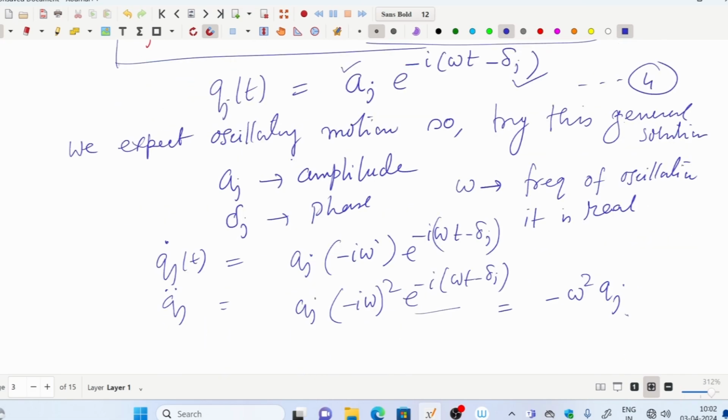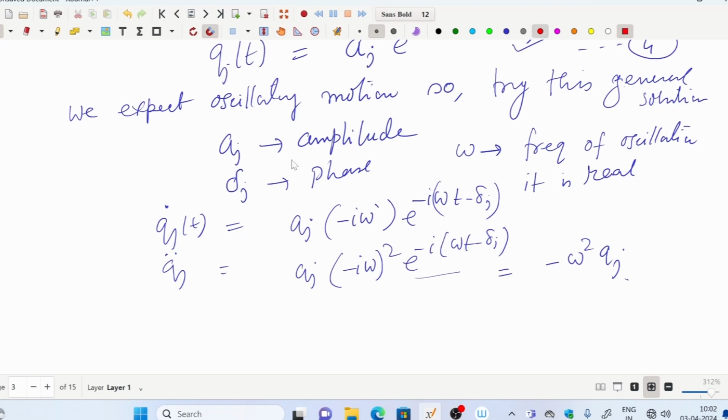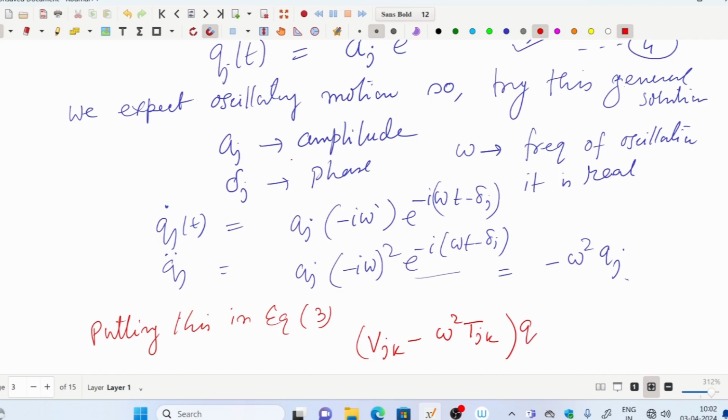So, putting this in equation 3, you obtain V j k minus omega squared T j k times A j equal to 0.